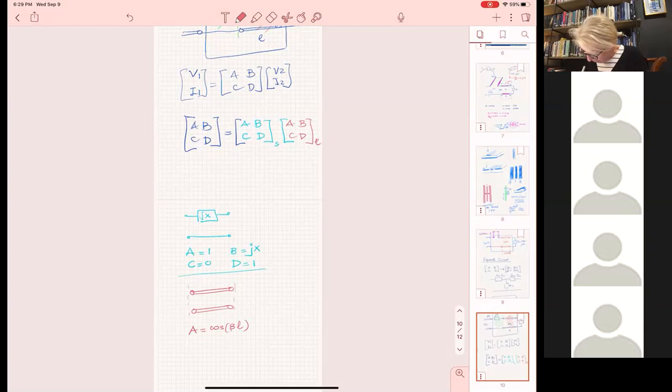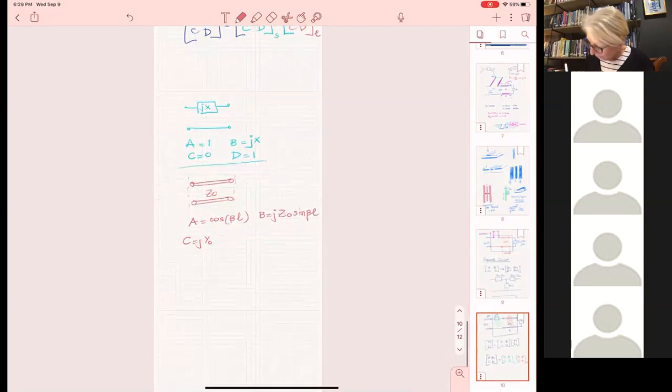B equals jZ0 sine beta L, C equals jY0 sine beta L, and D equals cosine beta L.